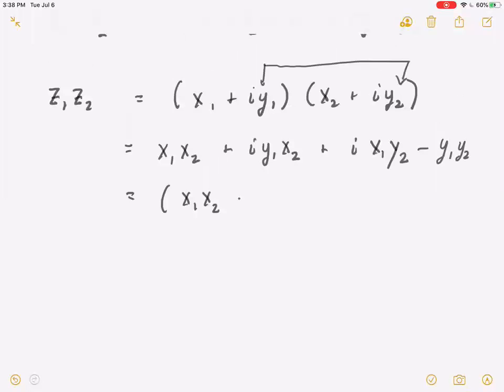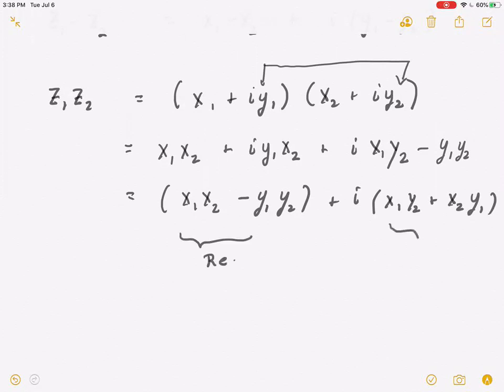This becomes minus y sub 1, y sub 2, plus i times (x sub 1, y sub 2 plus x sub 2, y sub 1). So here's the real part, and here's the imaginary part of the product of those two complex numbers.